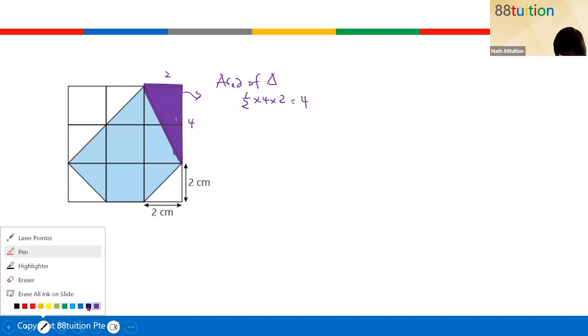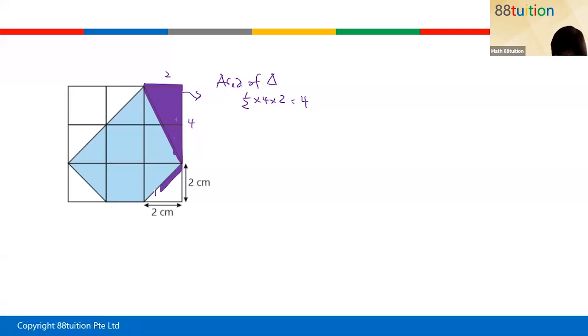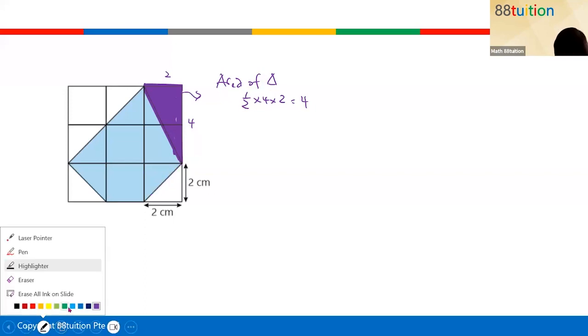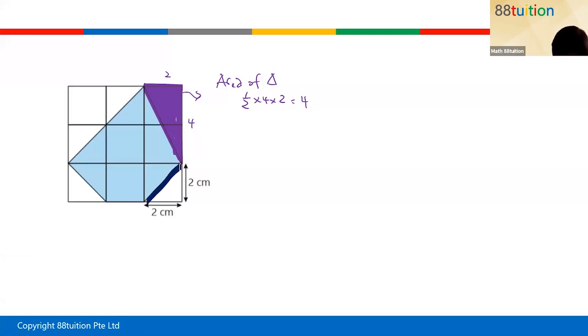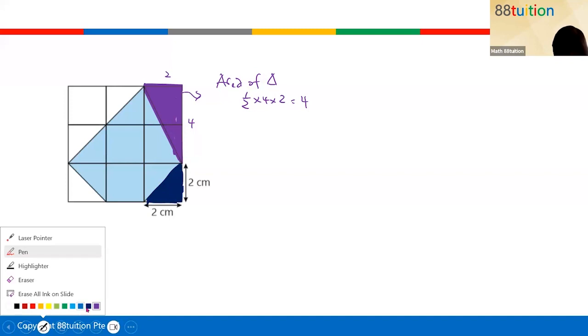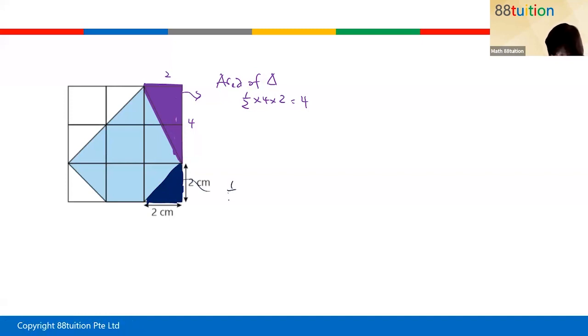Okay, so there's another way you can do here. I can color this. Sorry, I changed to this color. Okay, so for this half and this one. Then this one also, because it's the same, right?